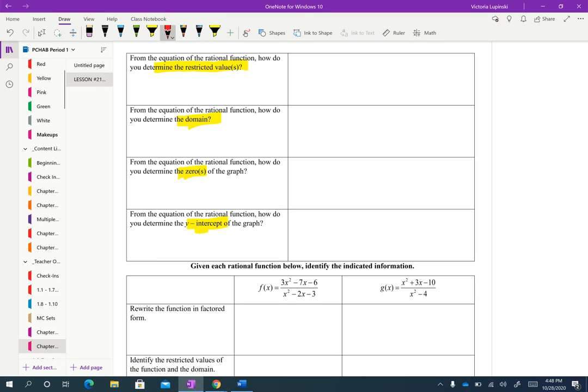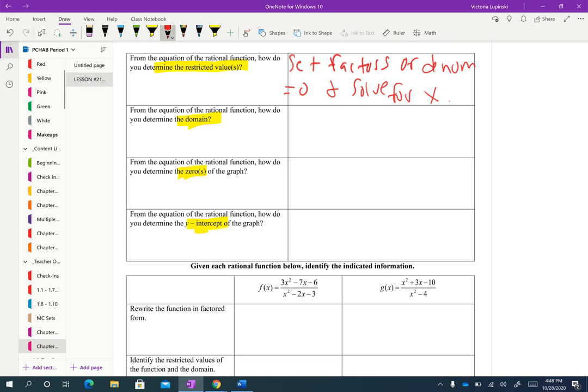So if you want to find the restricted values, you are going to set factors of the denominator equal to 0 and then solve for x. And again, I like to abbreviate, so hopefully you can follow. So set factors of the denominator equal to 0 and solve for x.